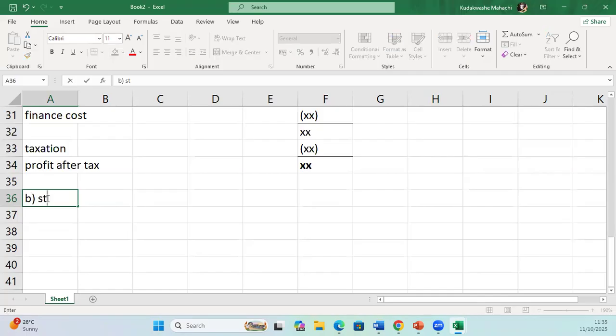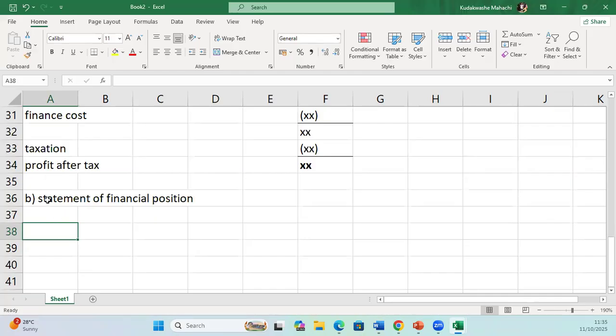Now let's look at the statement of financial position, which is the balance sheet, if you are required to prepare it. The statement of financial position, or the balance sheet, is based on the accounting equation.